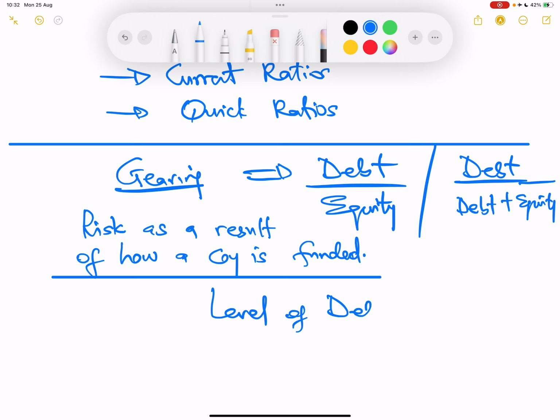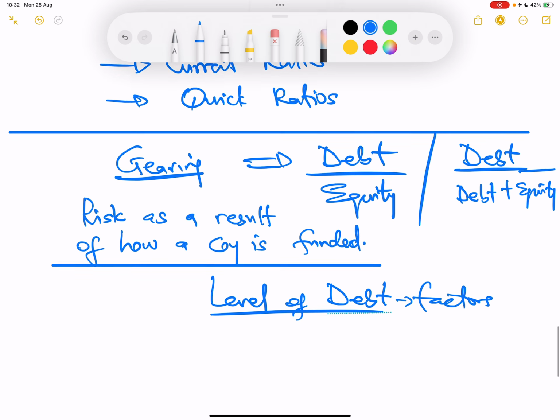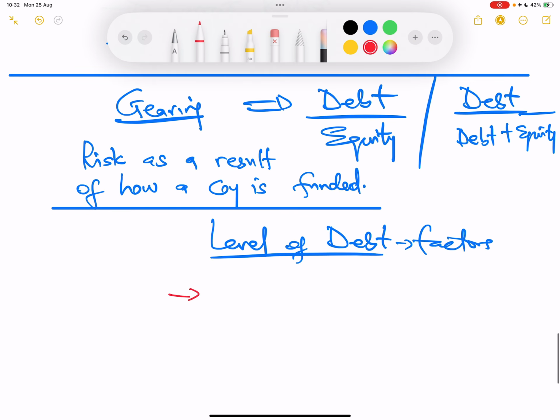So you can't say for every company it has to be in a certain percentage, because industry is important. If you're looking at the manufacturing industry, there's a likelihood that they may have quite a huge amount of debt to acquire big machines, to buy a lot of things.